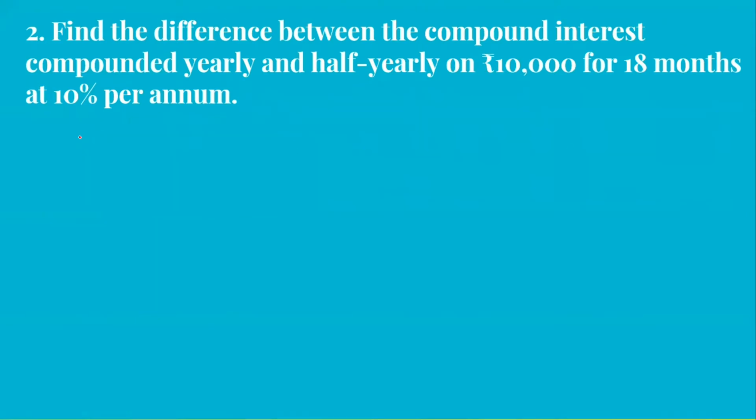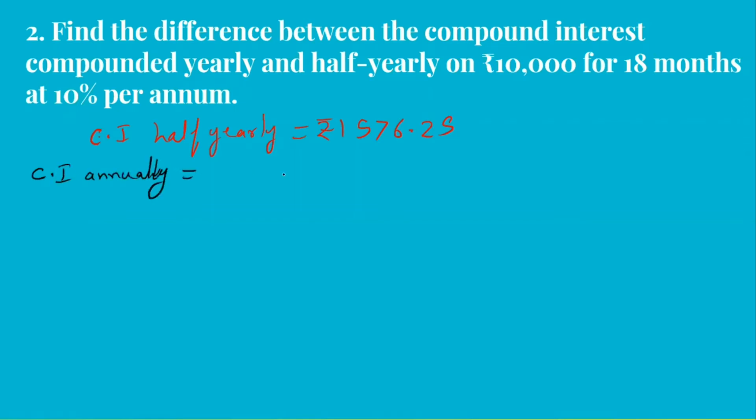Now we have calculated the compound interest half yearly, which we got as rupees 1,576 and 25 paise. This is compound interest half yearly. Now we will be calculating compound interest annually, and for finding the compound interest annually we have the formula.